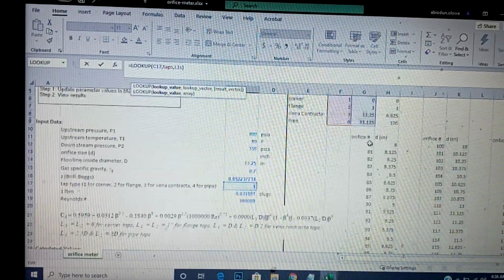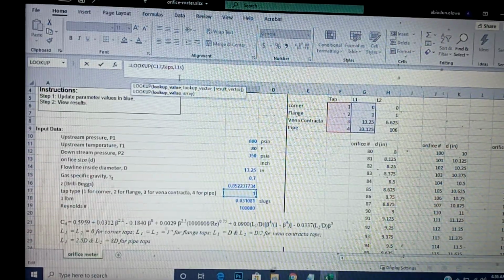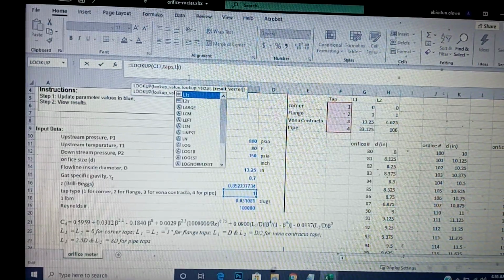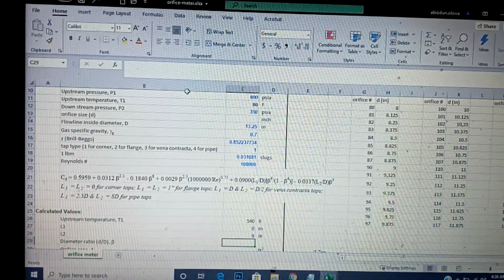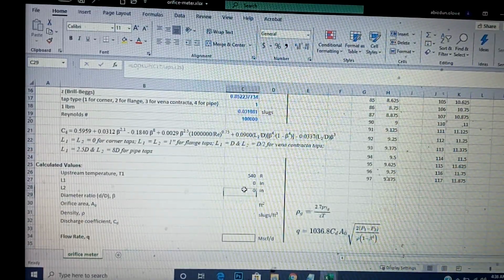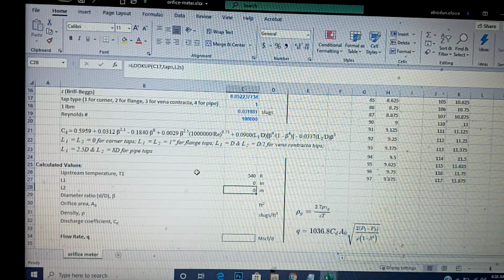Now this is L2. I also named these L2s. If you highlight them, it's going to give you L2s. So I just change that one to 2. L2s. Okay.